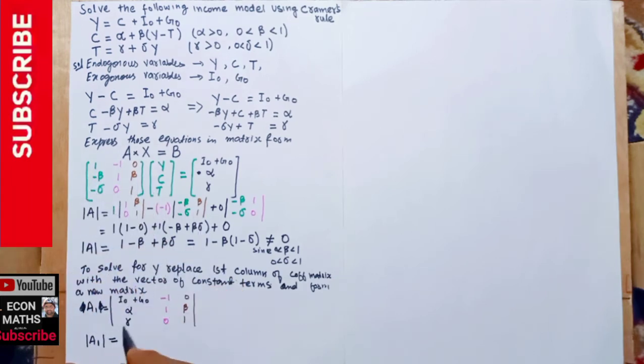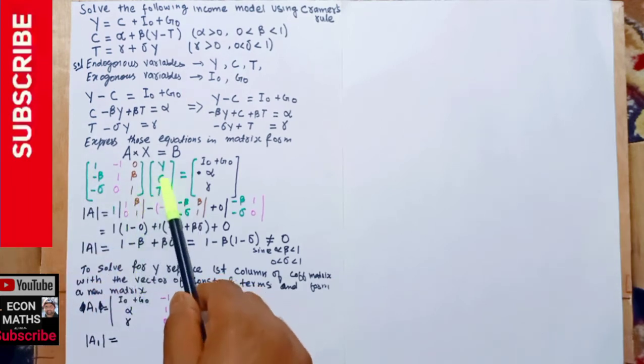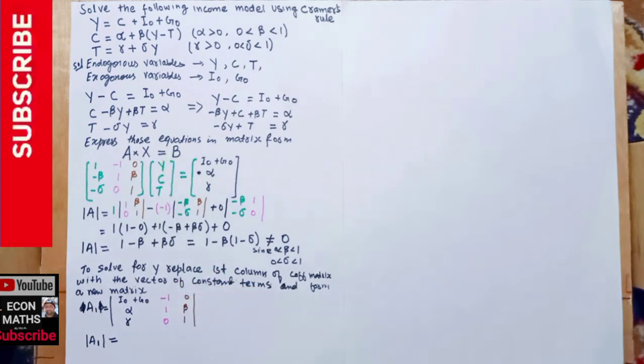We take the determinant as we have seen in this portion, so I will use the same method here. First I take the first element, that is I0 plus G0, and multiply this.